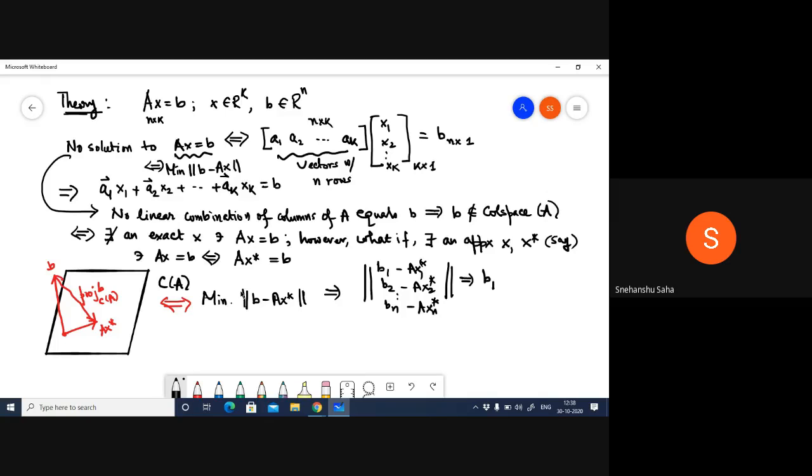So this is nothing but B1 minus AX1 star squared plus B2 minus AX2 star squared plus Bn minus AXn star squared, and you have to minimize over all values of X. This L2 norm is nothing but the sum of the squares of the distances. That is why this kind of optimization technique is known as least squares.